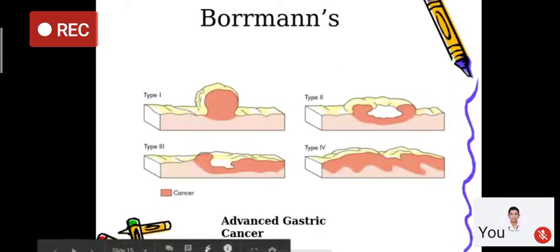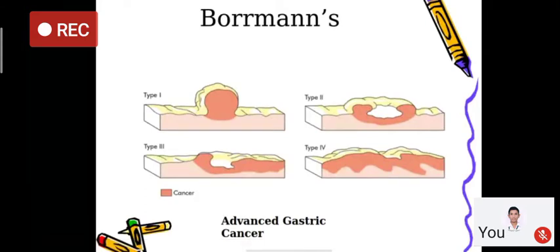Out of these four types, this will be relatively better malignancy, but this is going to be ulcerated, and still some part is raised, maybe it's a little worse than this but better otherwise. But this which is not ulcerated outside but infiltrating inside gives rise to a typical condition called linitis plastica.